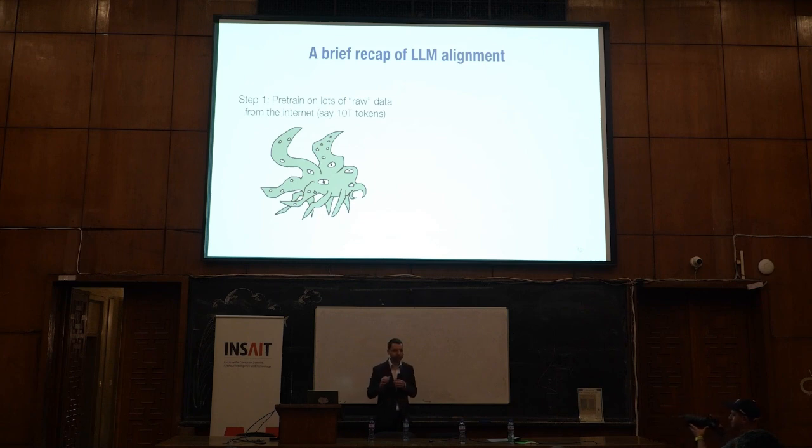Oftentimes, you split these into what are called tokens. It's basically just words. So you take this data with 10 trillion words, and you do what's called pre-train a model. In other words, you make a model that just tries to predict, given all the previous words it's seen, the next word.